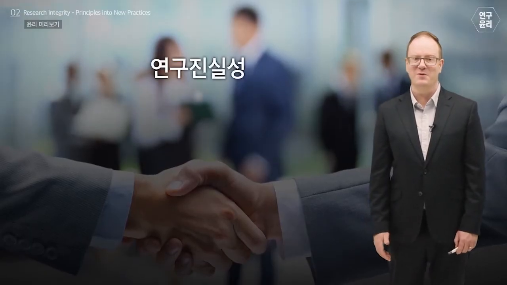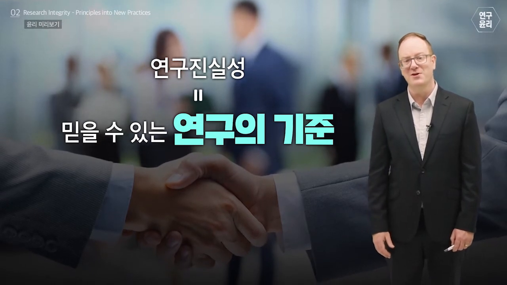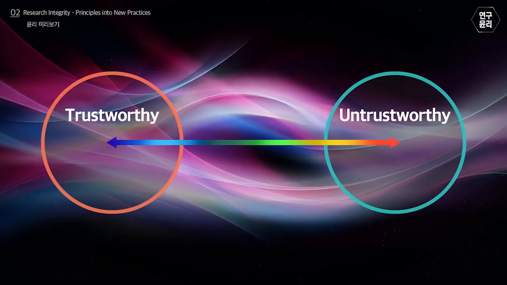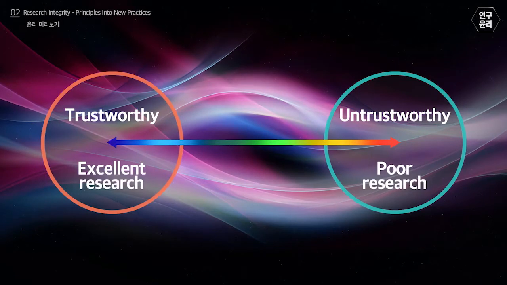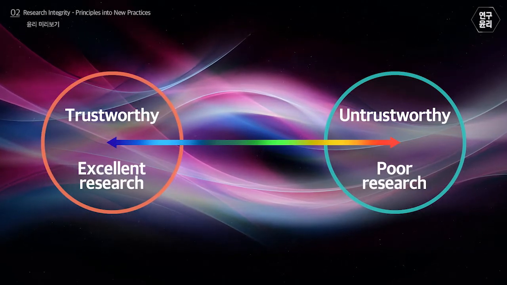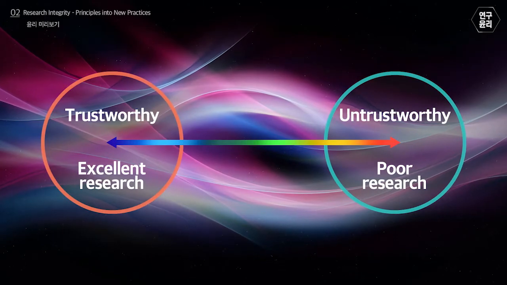Most importantly, the principles of research integrity allow us to identify research that we can trust, and also allows us to identify research that we should not trust. This results in a spectrum of research integrity, from trustworthy research to untrustworthy research.